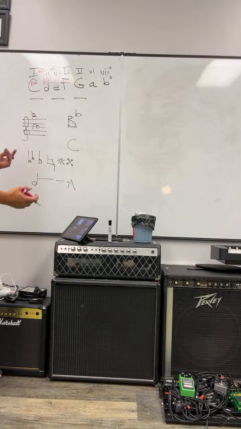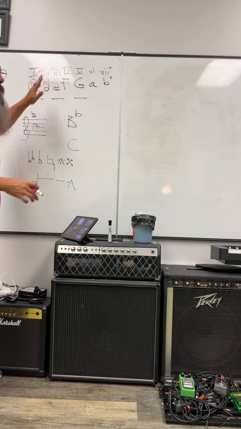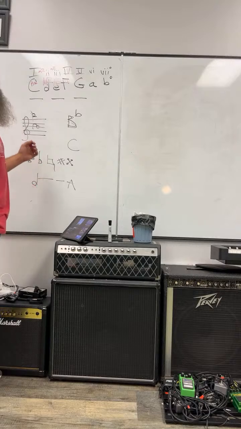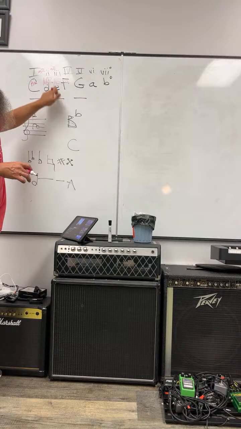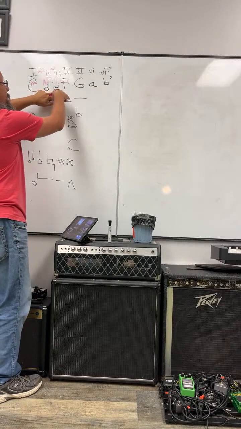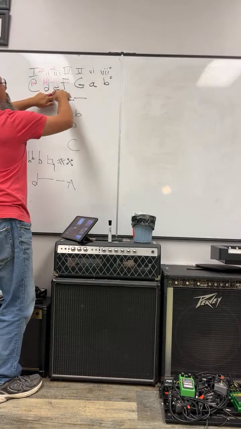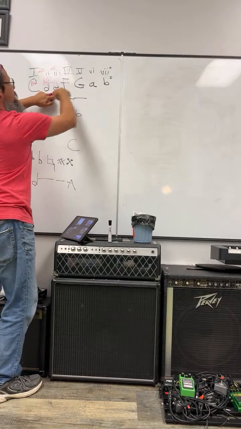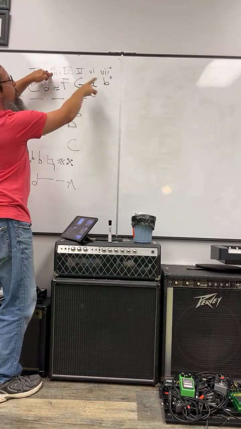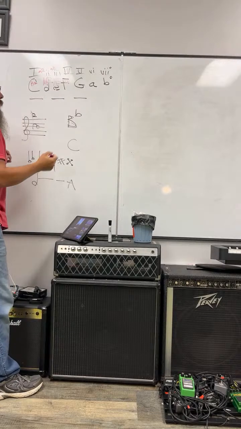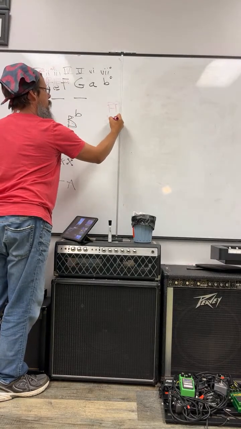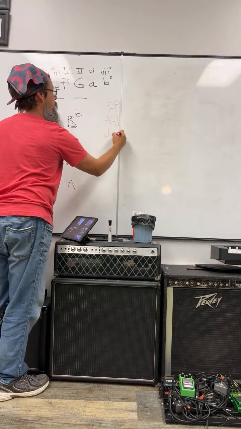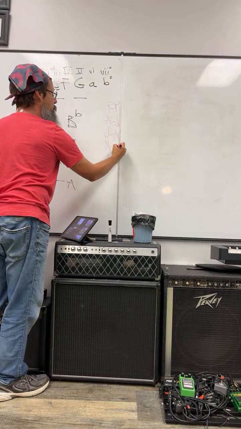That can work because all notes here can be diminished or augmented, but it feels preferable to be able to call it a major third or a minor third, and then know that when we play a major third here, the opposite of a major third would be a minor sixth this way. If we had a minor third, it would be a major sixth that way. So what we're realizing is that a perfect becomes a perfect, an augmented becomes a diminished, a diminished becomes an augmented, and a major becomes a minor.